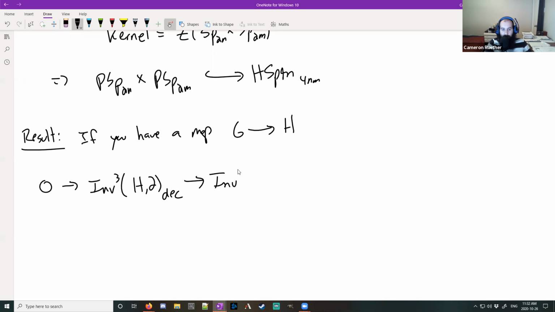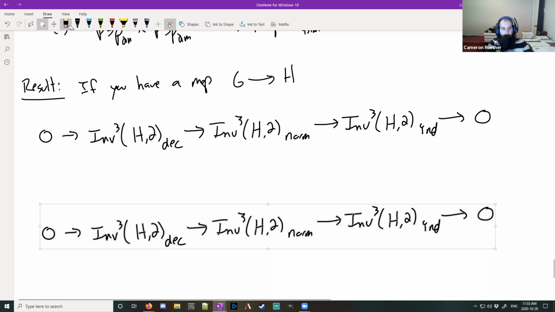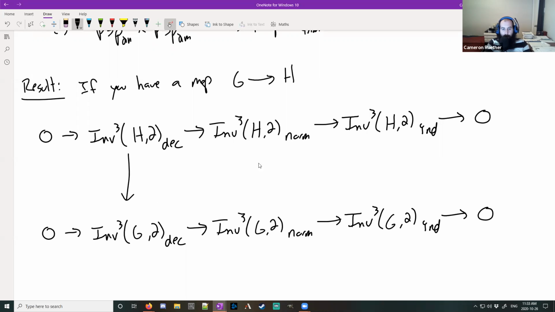So this is just the exact sequence at H. And of course, there's also a copy of this exact sequence at G here, and you get maps downwards. These are just the pullbacks of the invariants from H to G, but this diagram will commute.